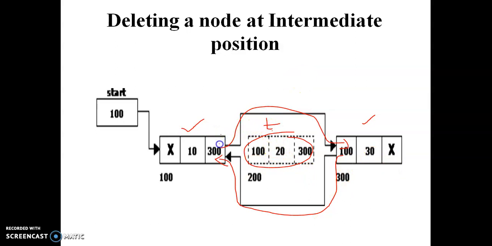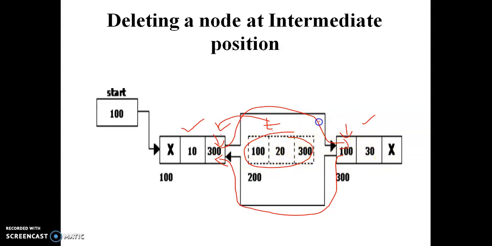So we are assigning like this, temp of left of right. Temp of left is this. Its right is this one. This is assigned with temp of right. Temp of right is its next node, 30 node. This address is assigned to this one. And at the same time, temp of right of left.